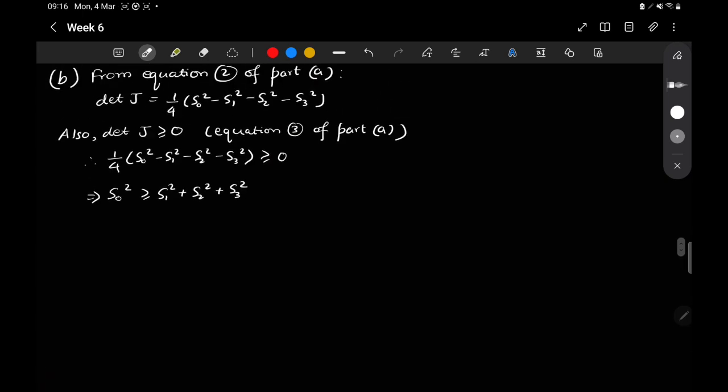Now we can move to part C. And this is the degree of polarization.